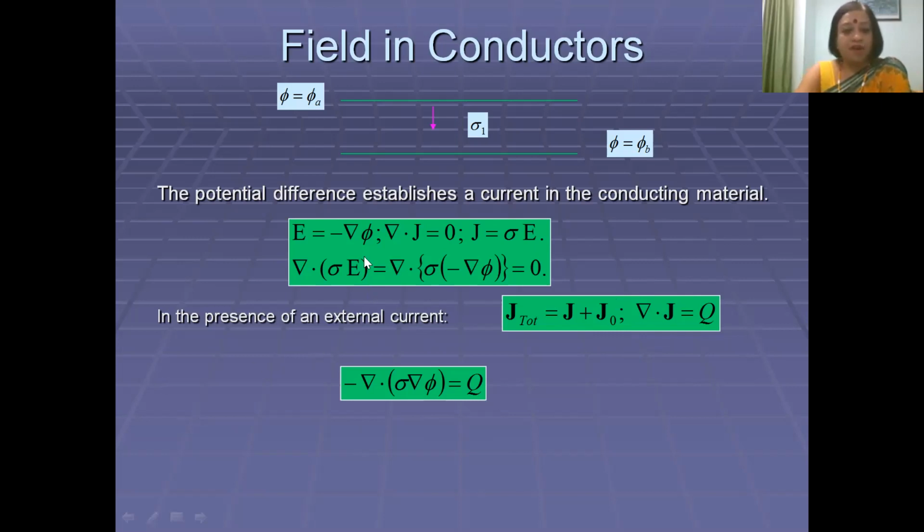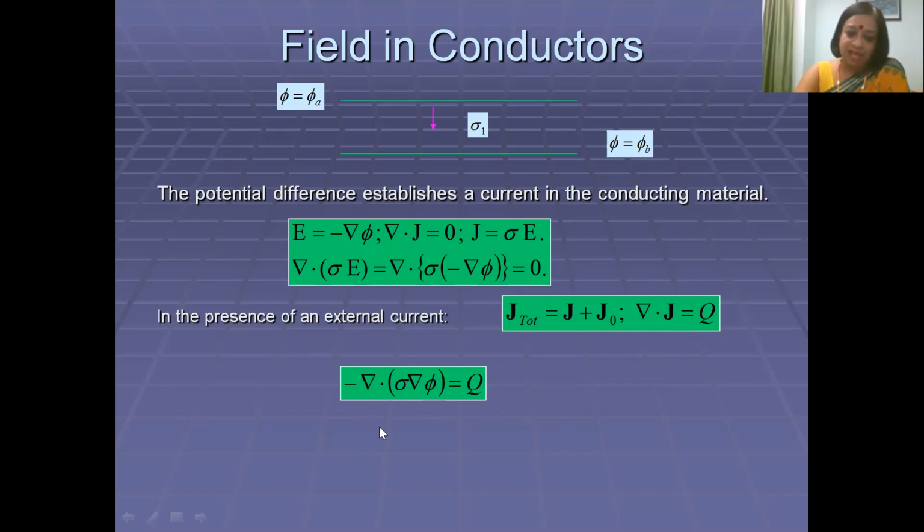So in the presence of an external current, and if there is some amount of charge or current accumulation, your equation is modified with a non-zero term on the right-hand side.